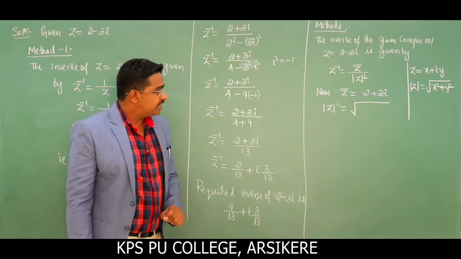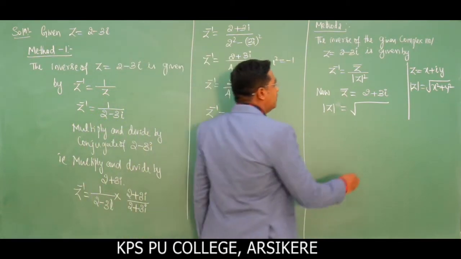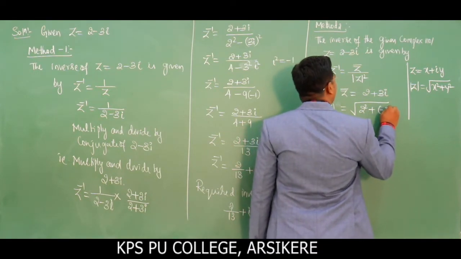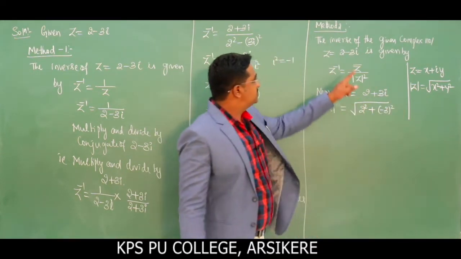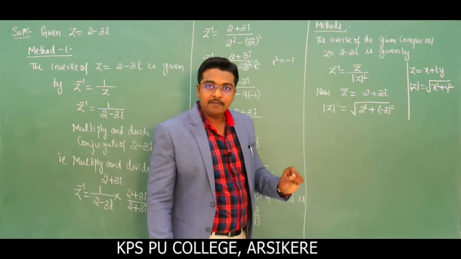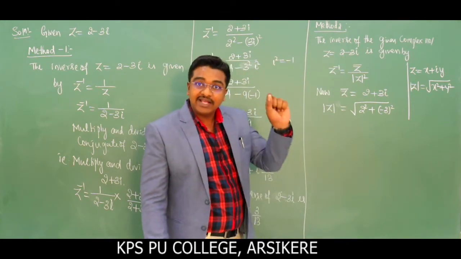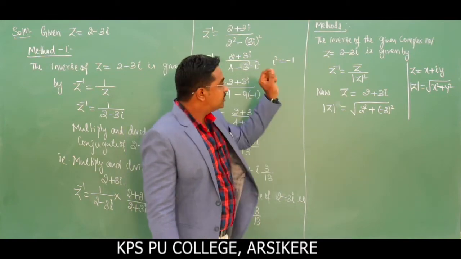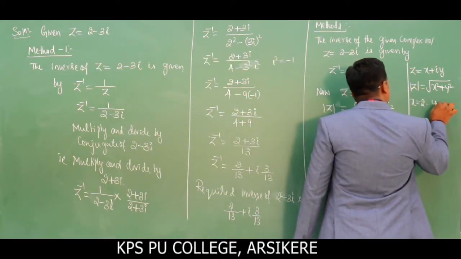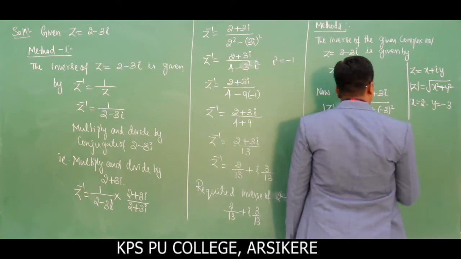Mod of z is equal to 2 square plus minus 3 whole square. Just compare with this one: z is equal to 2 minus 3i. Compare with the general form x plus iy, so x is equal to 2 and y is equal to minus 3.